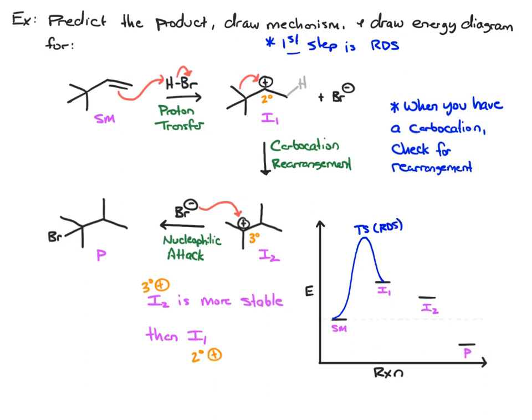No other hump should be taller than that one. Now we'll draw one to go from intermediate 1 to intermediate 2. And then we'll draw one from intermediate 2 to the product. This one, it really doesn't matter if you draw it lower or higher than this one. Most importantly, it just can't be higher than the rate determining step.